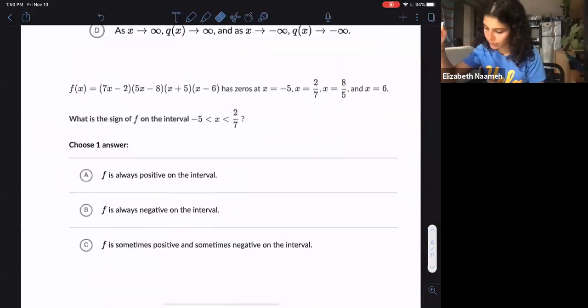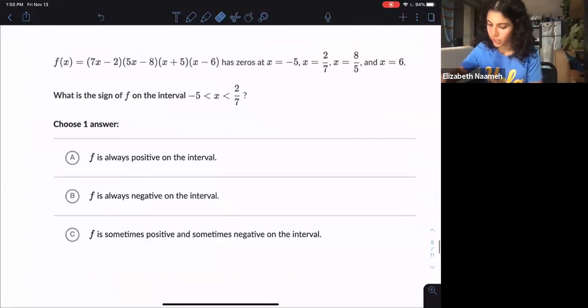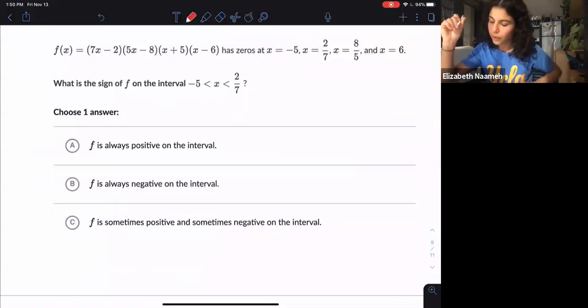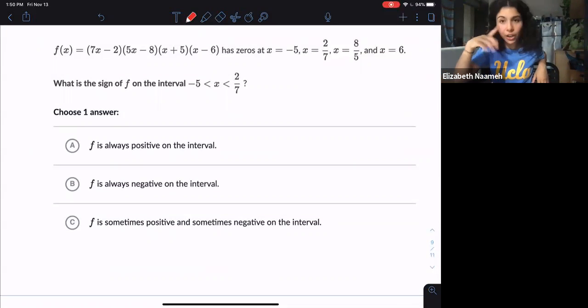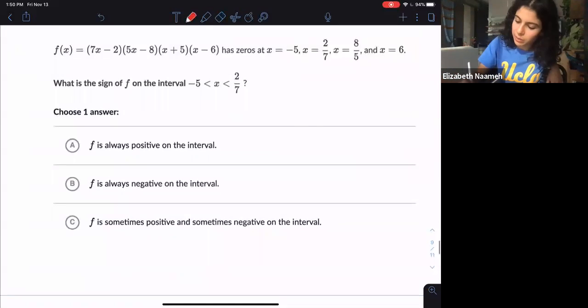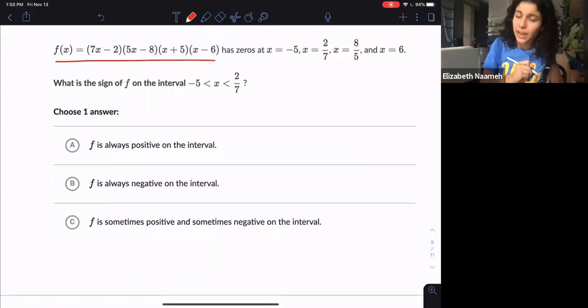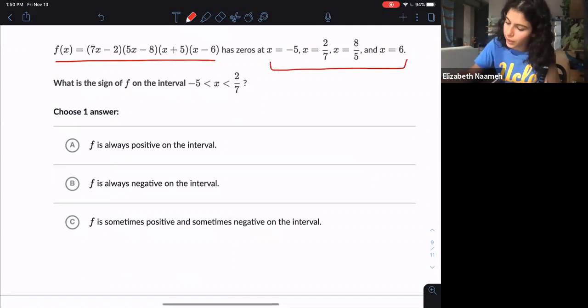All right, okay, actually, second to last. So see if you can do this on your own, because this was just like the first problem that we did today. So they're telling me I have a function. They've already factored it for me. They're even telling me the zeros, and you can verify x equals 6 comes from here.